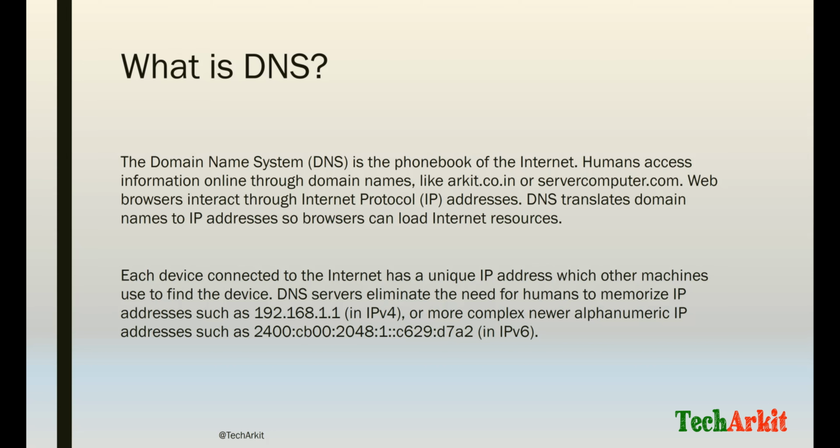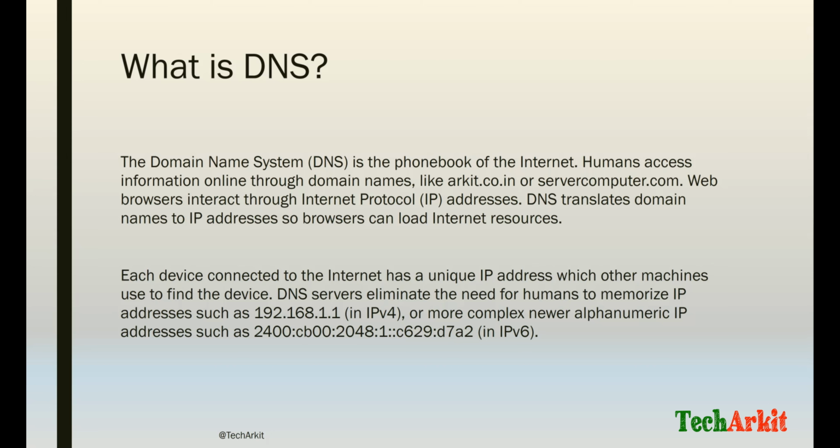So and so number is my mother's number, so and so is my father's number. You cannot search by the number, you can search by the name. So here also, DNS is something like a phone book of the internet.